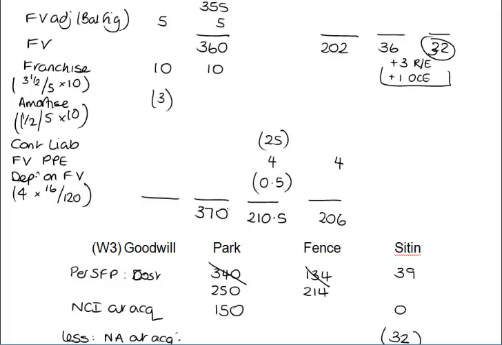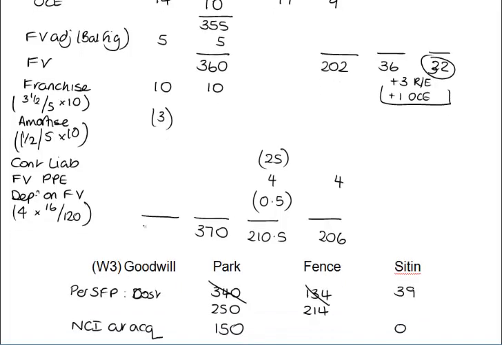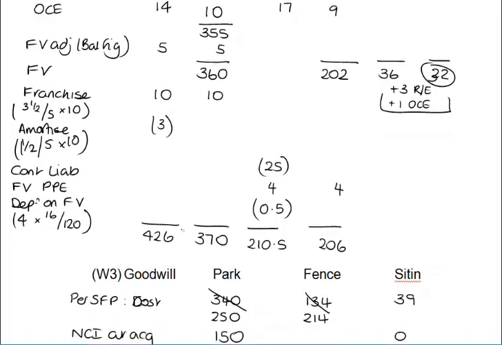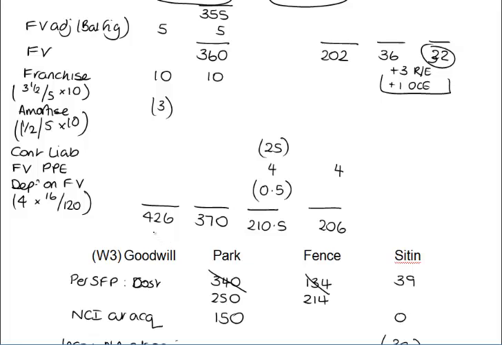For Park, they were 370, and they are now 426. How much of that relates to OCE? Can you see? We've got increases in OCE of 4 and 9. So I'm going to say here plus 4 OCE, and the remainder is 52 increase in retained earnings.